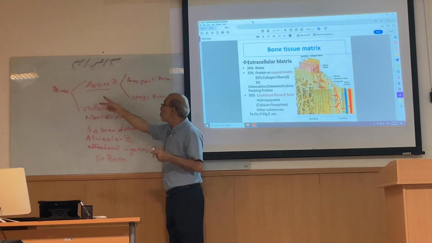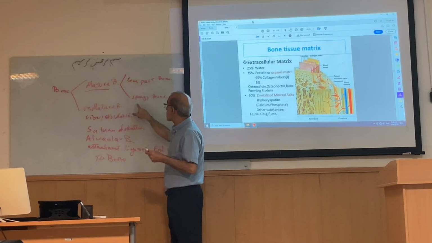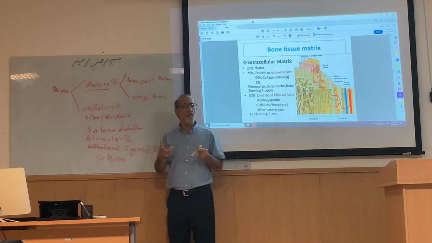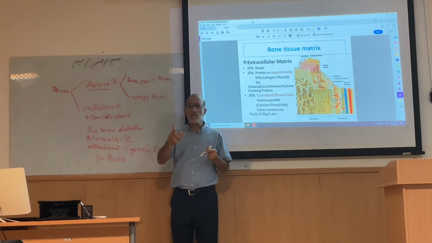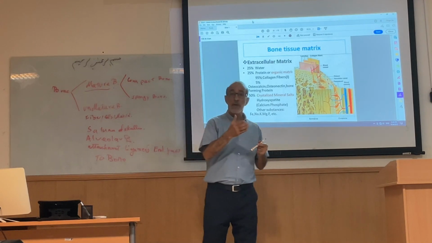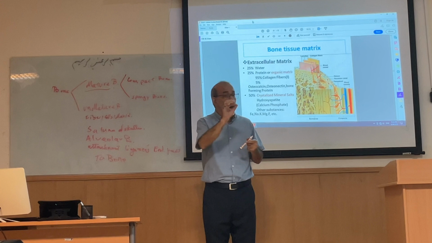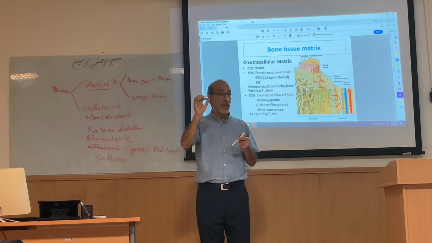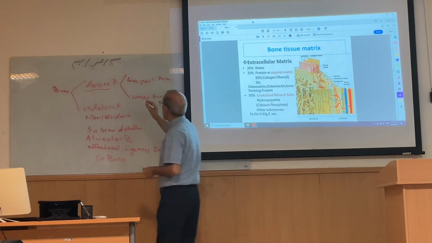Mature bone is divided into what? Compact bone and spongy bone. What does compact bone mean? What does spongy bone mean? Very good. If you see a bone with a regular Haversian system, this is compact bone.